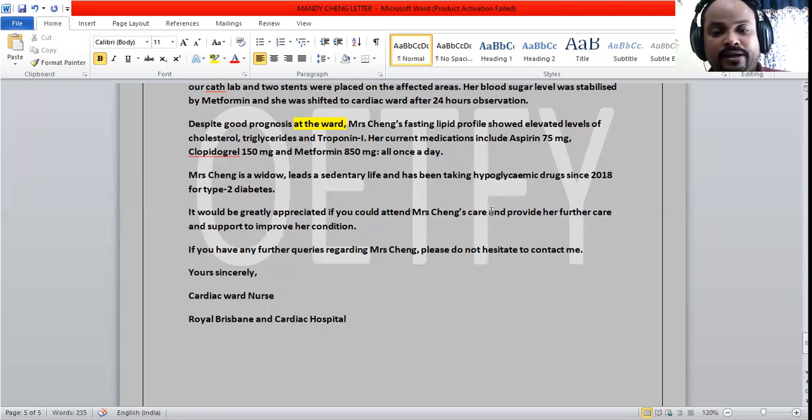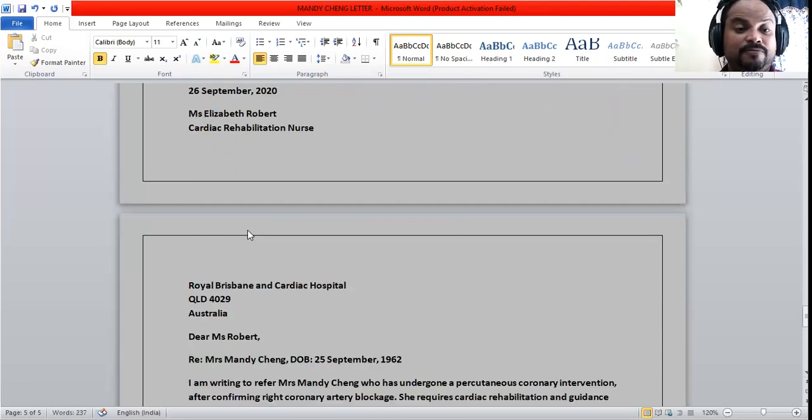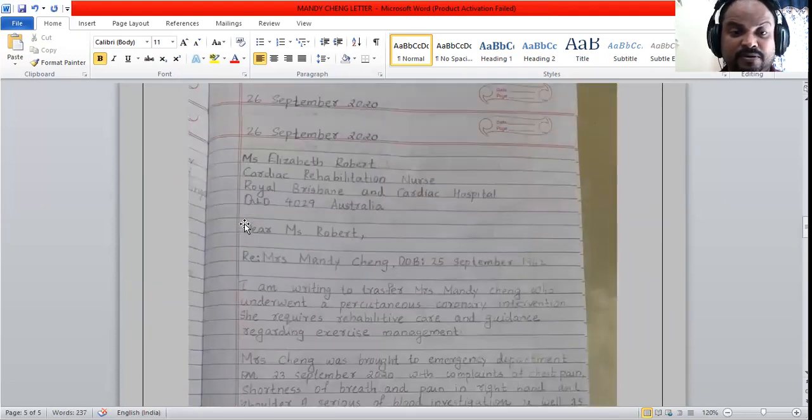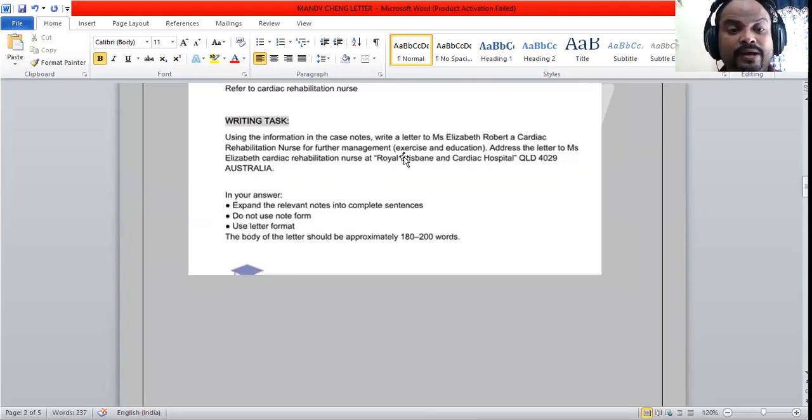Attend Mrs. Cheng at the ward. So where do you have to attend? At the ward. And provide her further care and support to improve her condition. Is it further care and support? I need to provide her exercise and education.